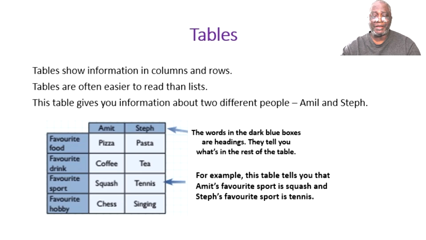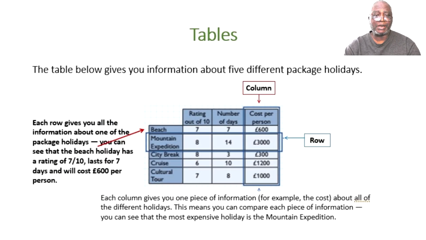So you have the column headings, which describe items on the list, and then you have the rows, which are made up of the different items that the table provides information about. The table you're looking at now gives you information about 5 different packaged holidays. Each row gives you all the information about one of the packaged holidays.